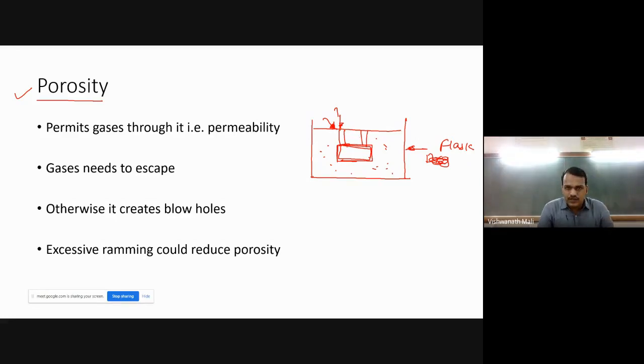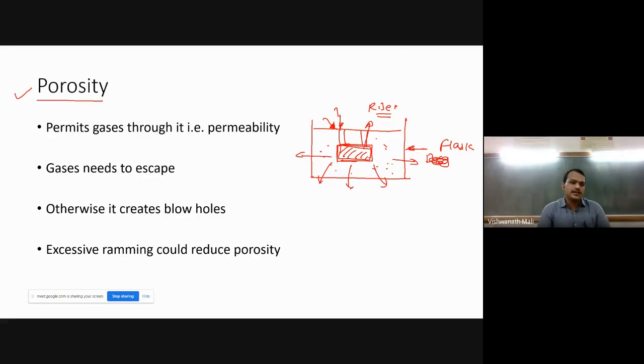So after pouring this, what happens? These gases, the moisture that gets vaporized, and whatever air is there should leave the molding sand. Either they escape from the riser, or they escape through the molding sand.